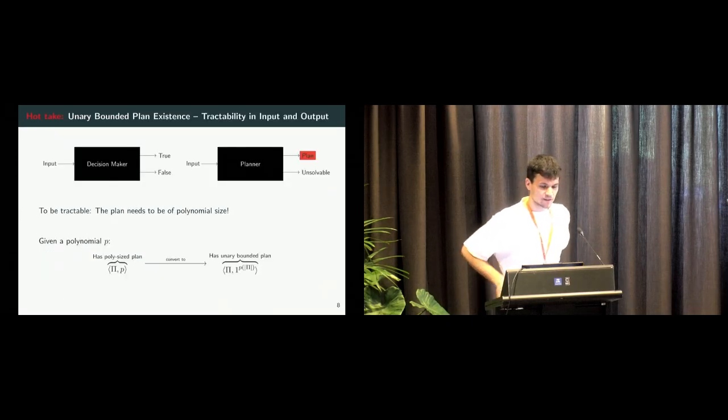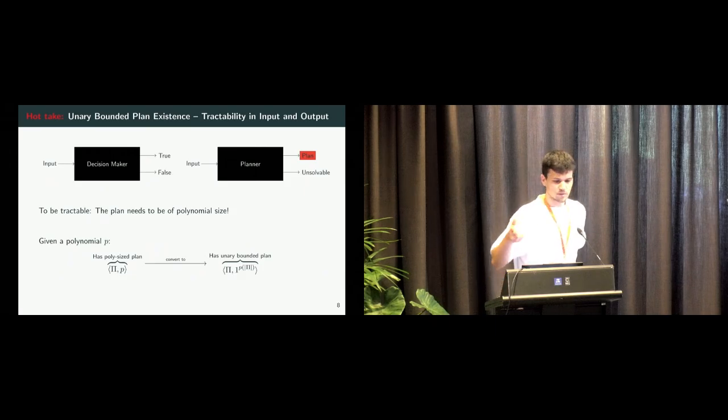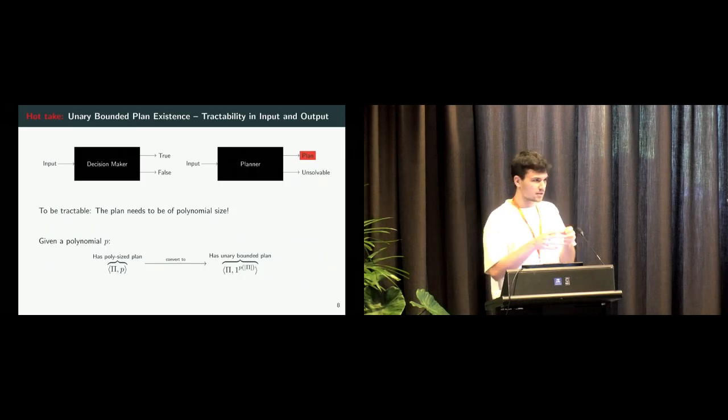So why am I saying that this unary bounded plan existence problem is so important? If we speak of complexity analysis, typically what we do is we take an input and we want to make a decision if something is true or false. But a planner doesn't really work like this. If we ask a planner for a plan, we want to output some sequence of actions, and these actions take space. And this is very much like a unary encoding.